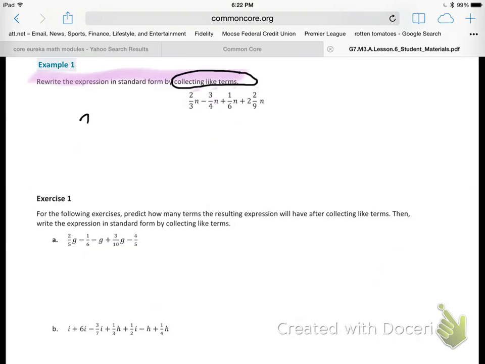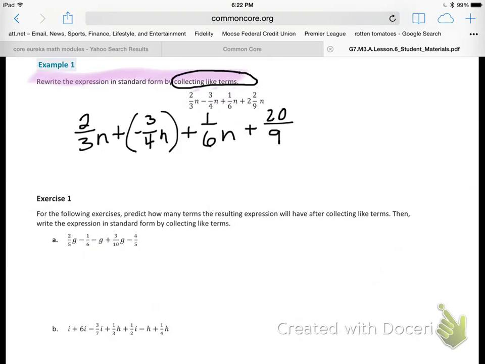So we'd have 2/3 n plus negative 3/4 n plus 1/6 n plus 18, that's 29 n.